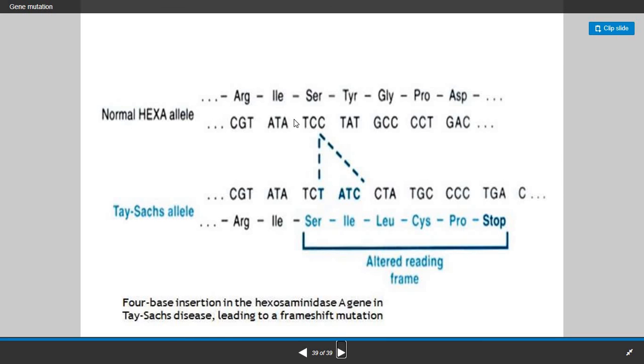This is the normal HEXA allele, and this is the sequence shown in the disease, Tay-Sachs. Here students, you can see the amino acids formed in the normal HEXA allele, but whenever this syndrome results, the sequence gets changed. Here you can see TCC, so one C is replaced by T, and here TAT is there, so AT is there and then the C comes here. So this is how the sequence gets altered.